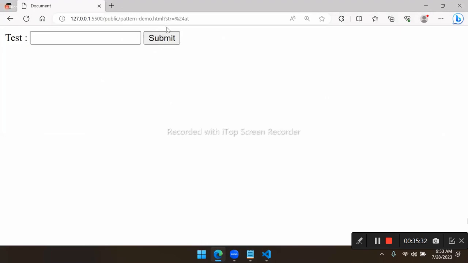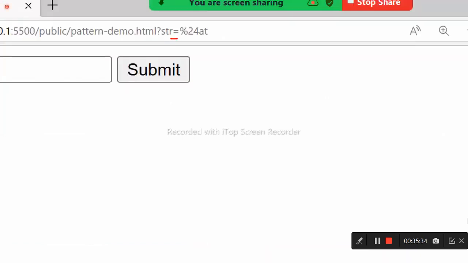Remember, don't worry about what is submitted in the URL, because sometimes some characters cannot be directly submitted. It will encode them and submit. That means you write some character in the text box and that character is submitted in the URL, and the URL cannot handle all characters as they are. That's the reason it will change some characters into codes.